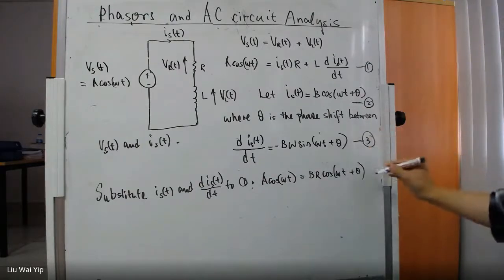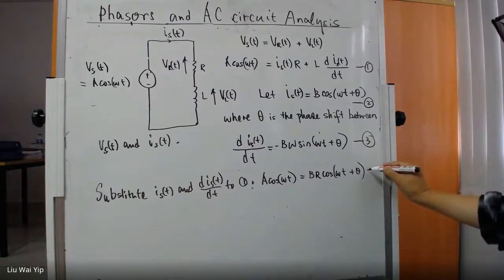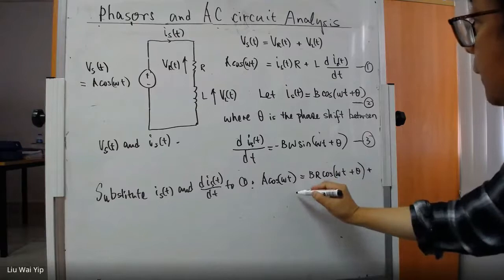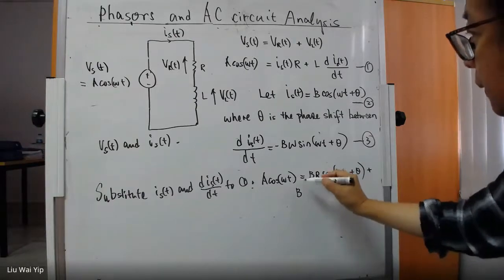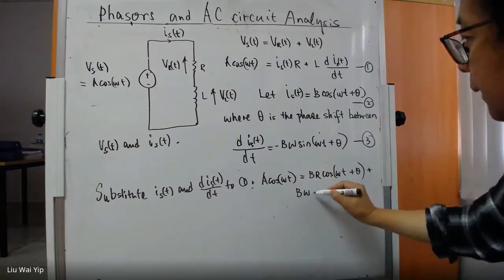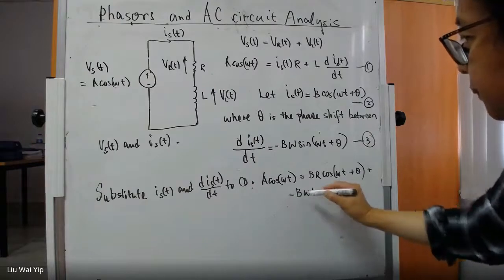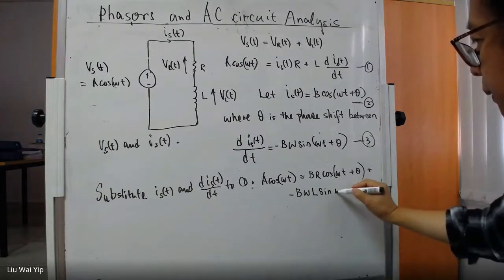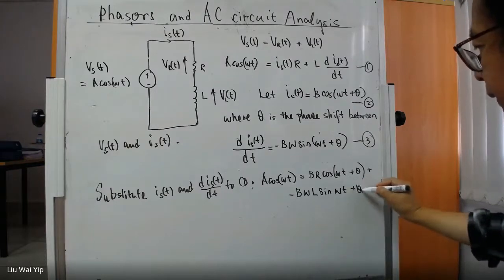This is a very complicated solution. And plus L times B omega L sine omega t plus theta.